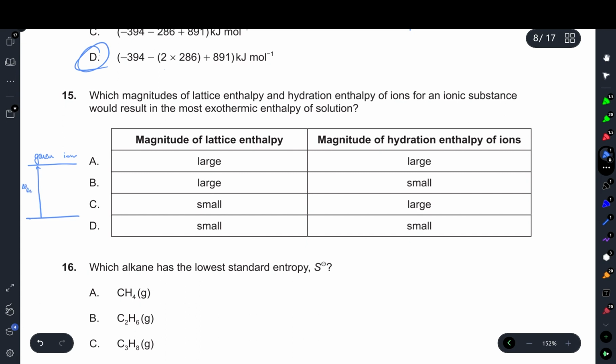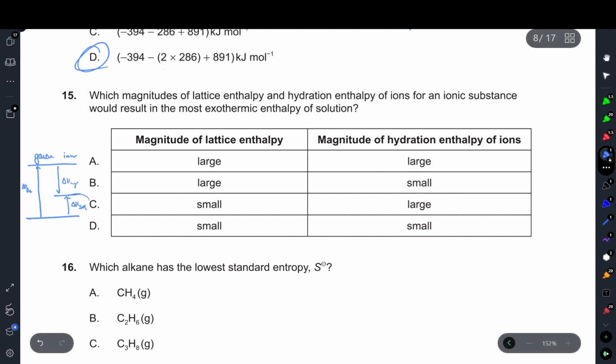This is your lattice enthalpy. And from here to here, this is your solution, delta H sol. This one right here is your delta H hydration.